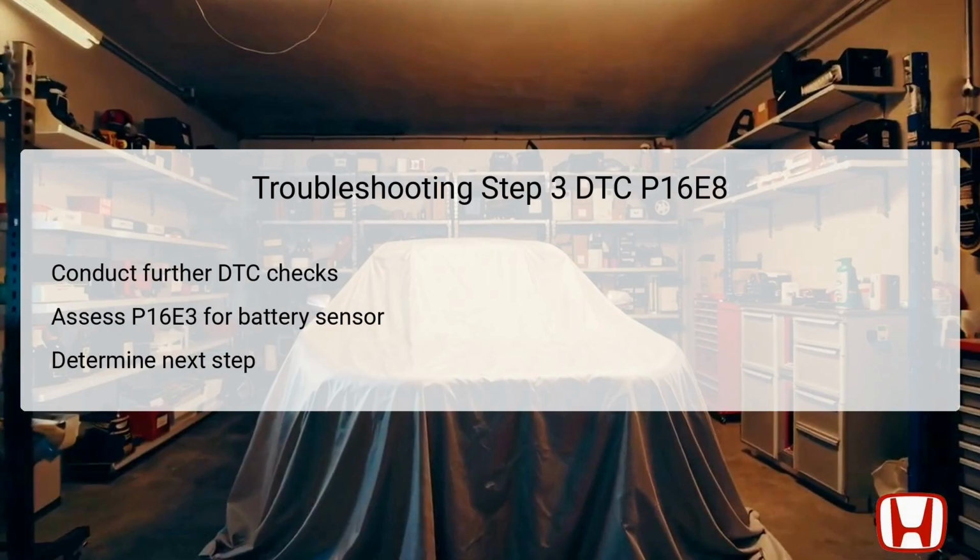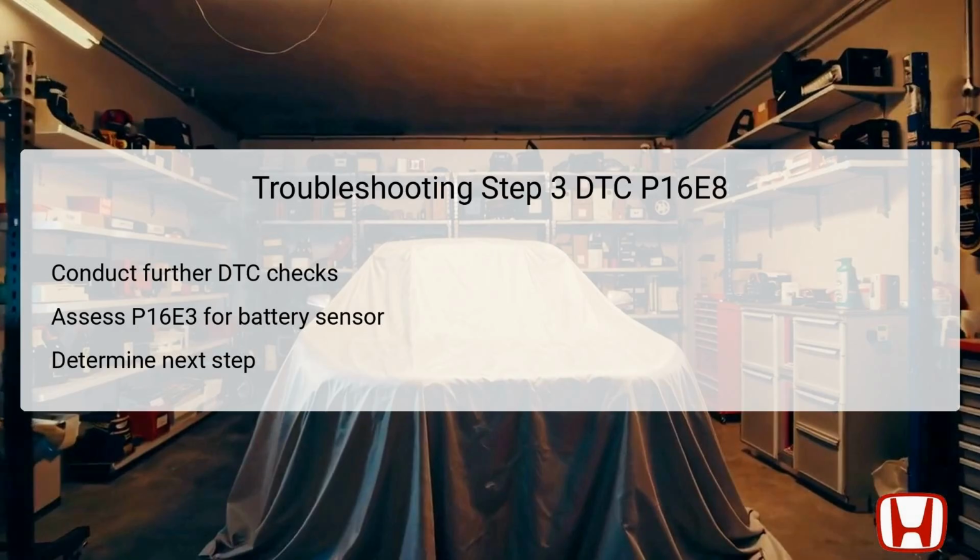Following up on potential error codes, in Step 3, the technician is to conduct additional DTC checks specifically for P16E8, which signifies a LIN communication error with the battery sensor. Checking for this error involves using the HDS to ascertain whether any of these codes have emerged.